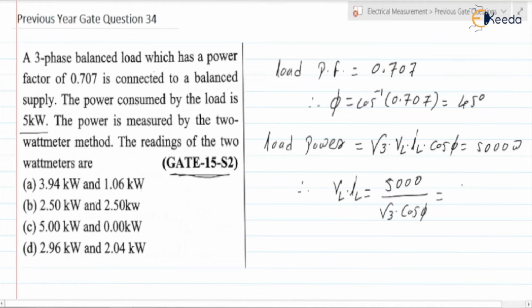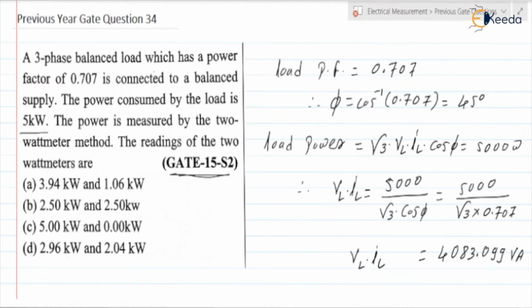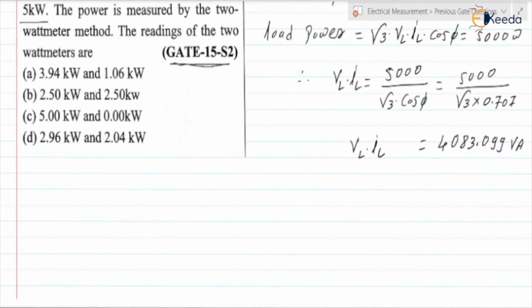So it will be equal to 5000 divided by root 3 into, what is the cos phi? It is 0.707. If you check, it will be equal to 4083.099 volt ampere. This is VL into IL.